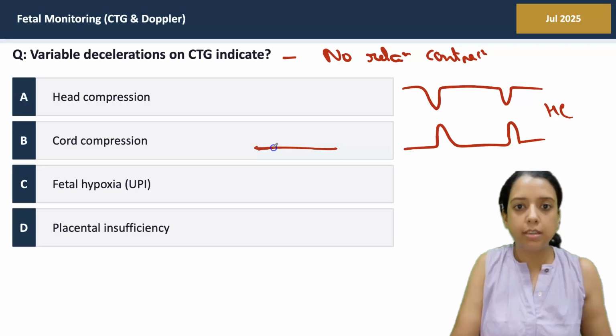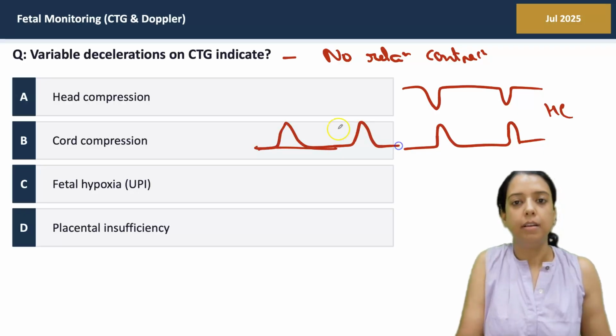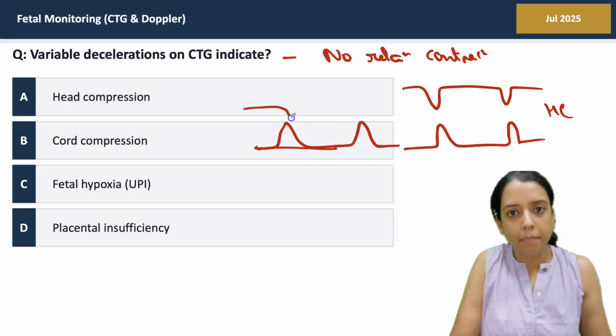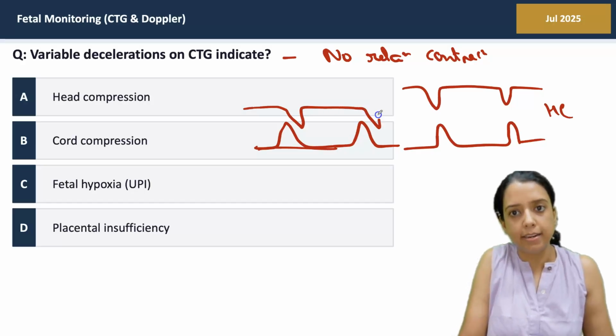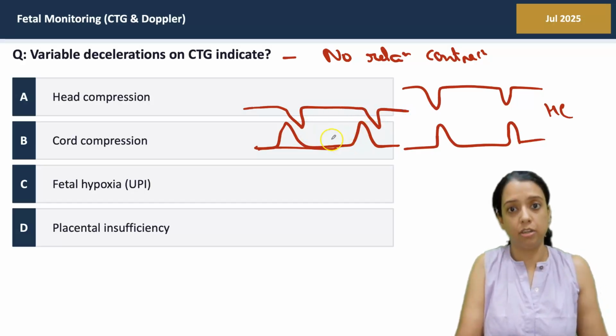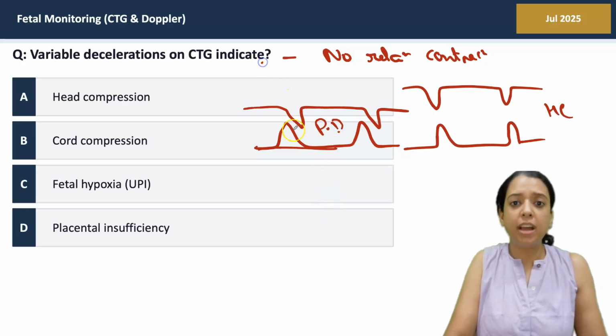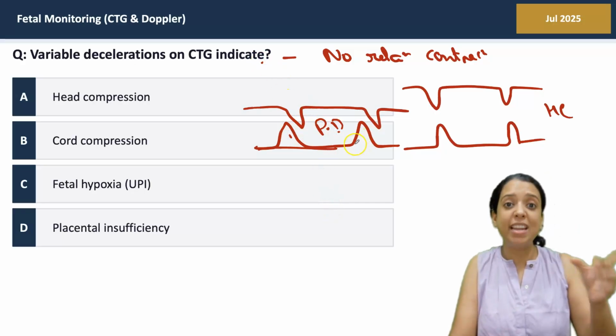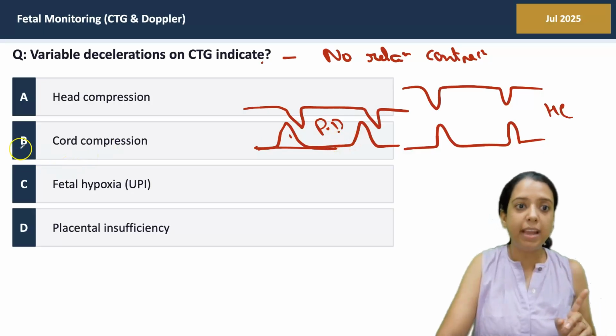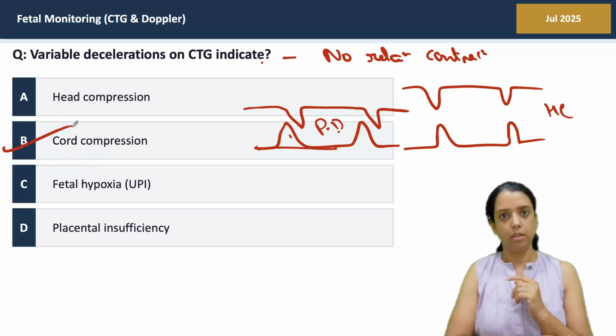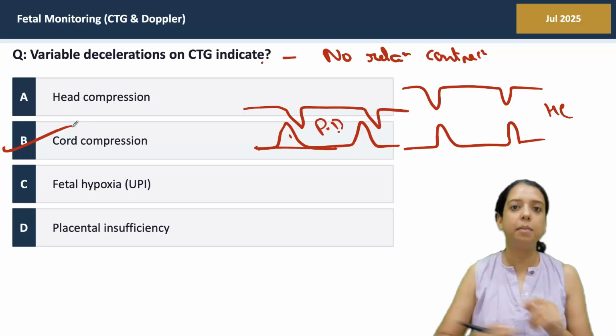When the contractions are coming and decelerations happen a little later, that is late deceleration, due to placental dysfunction. When the deceleration has no relation to contraction, it is variable deceleration, caused by cord compression. So cord compression causes variable deceleration.